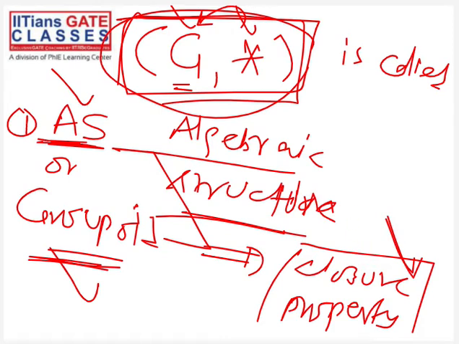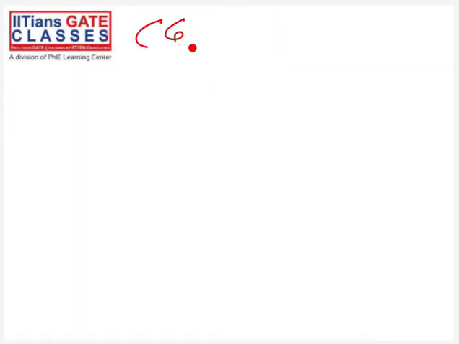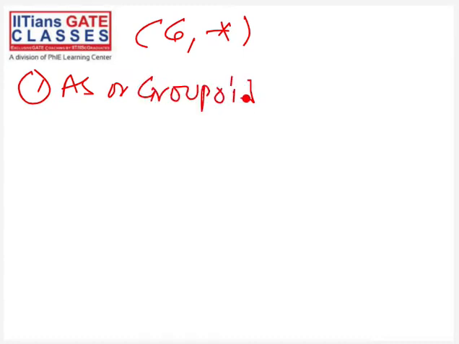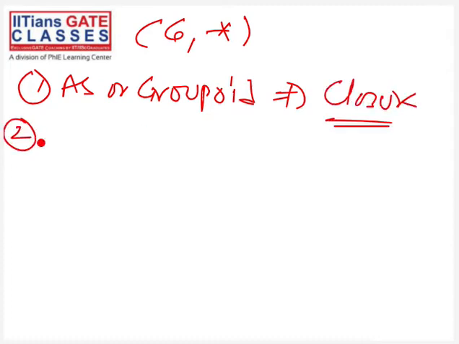Okay, now let's see another definition. So now this was the definition of algebraic structure or groupoid. So now we are going to have some definitions. So the first definition is algebraic structure or groupoid. So the closure property must be satisfied. The next thing is this pair will be called semi group.